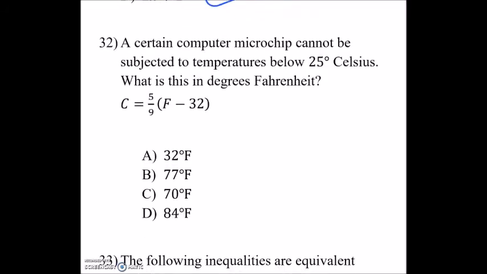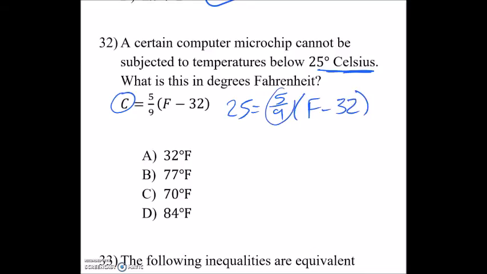Number 32, a certain computer microchip cannot be subjected to temperatures below 25 degrees. So this is Celsius, so I have to plug it in for C. 25 equals 5 over 9 (F minus 32). If I'm trying to convert this to Fahrenheit, first I have to get rid of that, so multiply everything times 9 over 5.